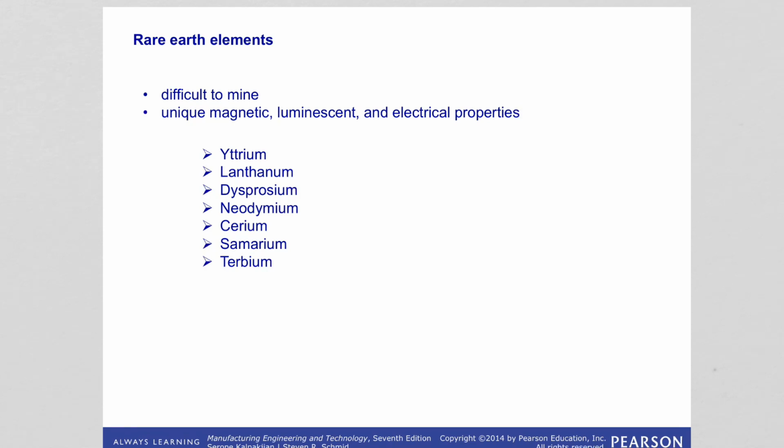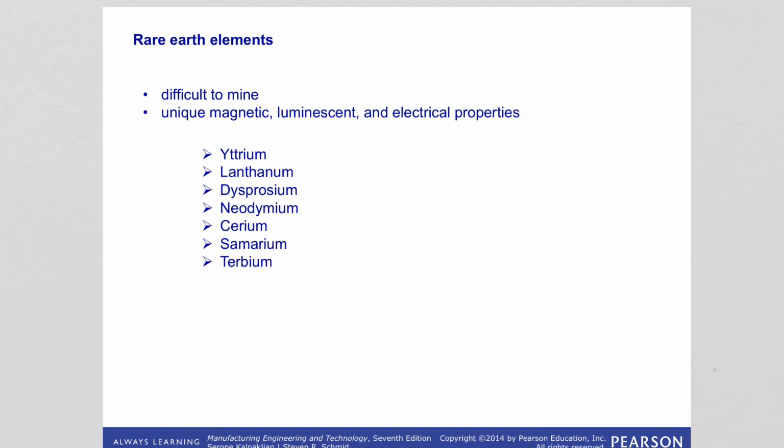Samarium makes the second strongest permanent magnet. However, they have better stability and can be used at temperatures up to 700 degrees C. Because neodymium magnets, even though they are the strongest, are limited. They can be used up to 300 degrees C or so.